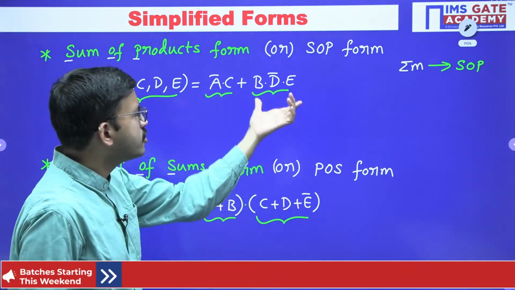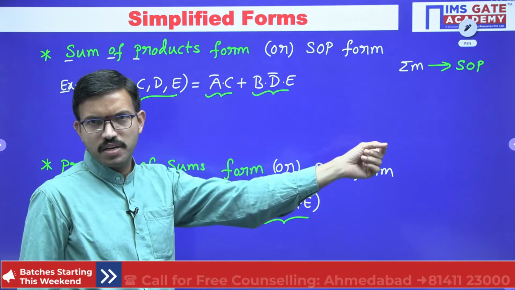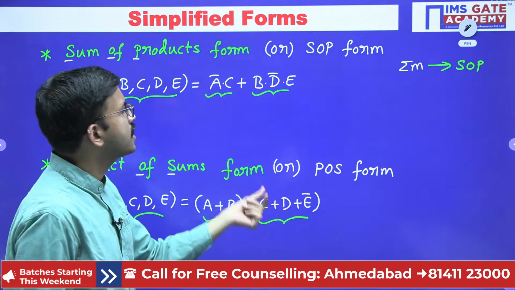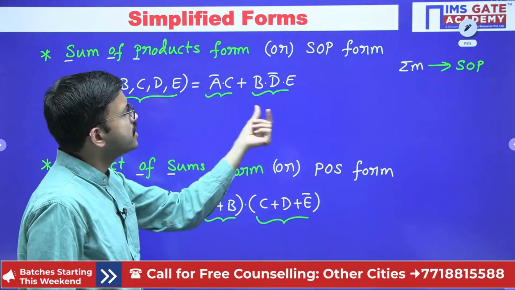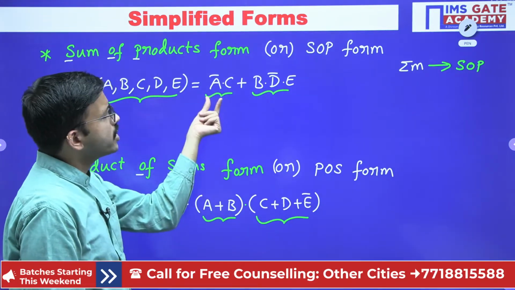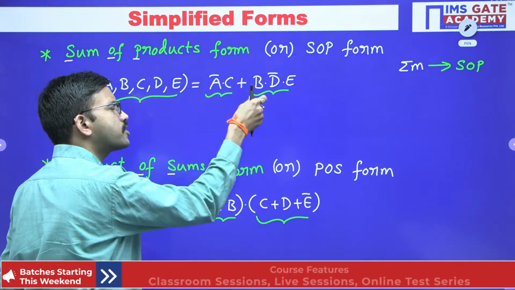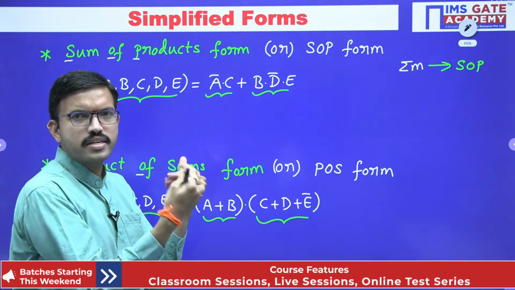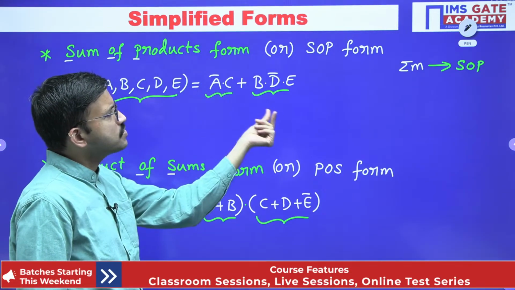After doing simplification, suppose I got 2 terms. That means 3 terms are getting minimized. And sometimes in some of the min terms, the number of literals also gets minimized. That means we call it a product term. So the product terms are simply summed together.